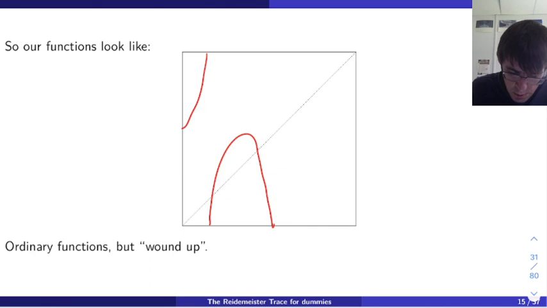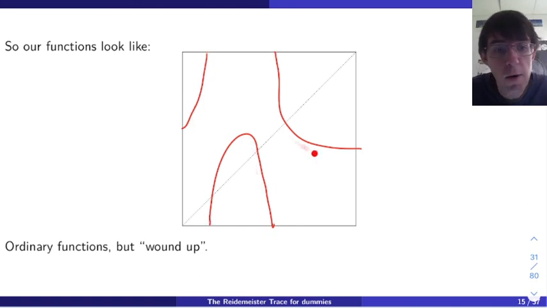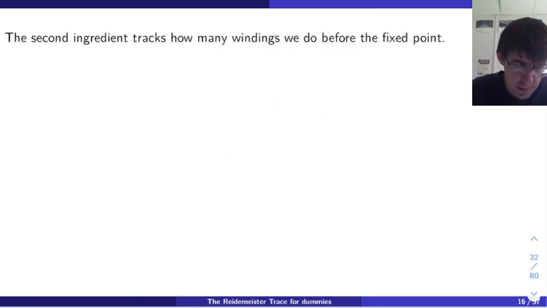It can do that kind of stuff. All right? This doesn't look continuous, but it is, because when I go up here, this point is actually the same as that point, and it continues like that. These are like ordinary functions, but they're wrapped around a circle. I say they're wound up. All right, so that's what we're going to be talking about for the rest of the time here.